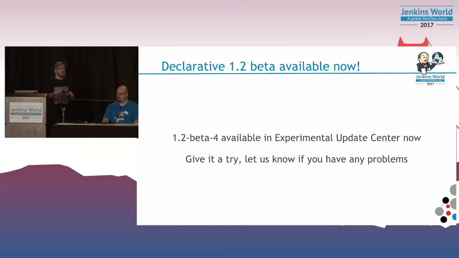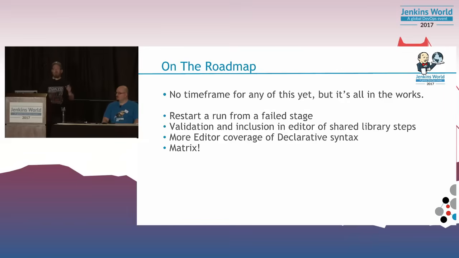We just didn't want to do a release until we had the editor update for parallel stages done, and until we'd done some pretty thorough testing internally at CloudBees, so that we're really confident that we're not going to break your existing stuff, because I hate when I do that. But if you want to give it a try, that'd be great. We'd love to hear your feedback, love to hear any issues, and yeah.